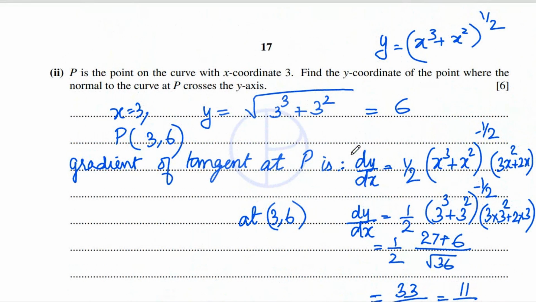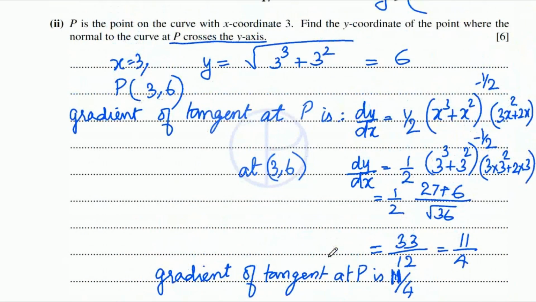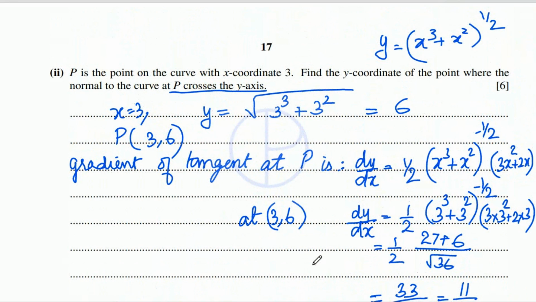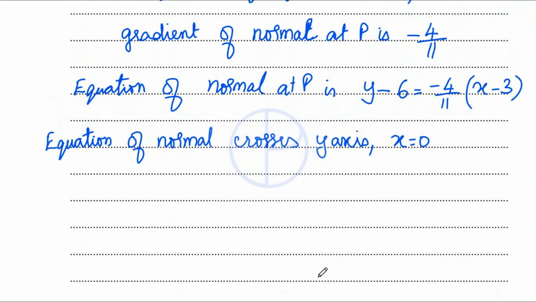So this is the equation of the normal. What we have to find? Where the normal crosses the y-axis. It crosses the y-axis means x will be 0. So we need to find the y coordinate value. So x is 0. Let's find out what y is. y minus 6 equal to negative 4 over 11 multiplied by 0 minus 3.